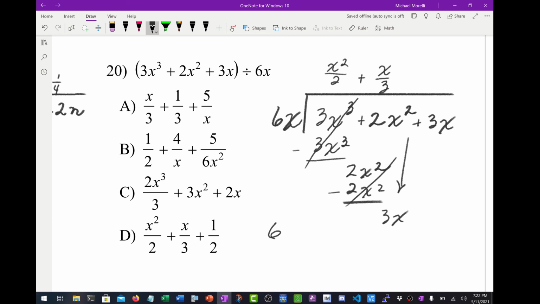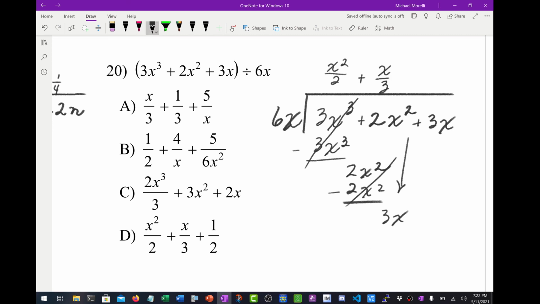And bring down the final term, the 3x. So I've got to turn a 6x into a 3x. Now we should be really understanding what to do here. We're going to multiply the 6 by 1 over 2, and that's going to give me 3. I don't have to do anything to the x's, so I'm just multiplying by 1/2.